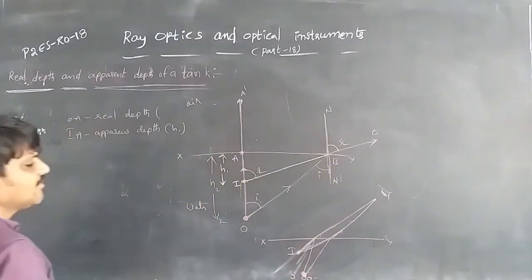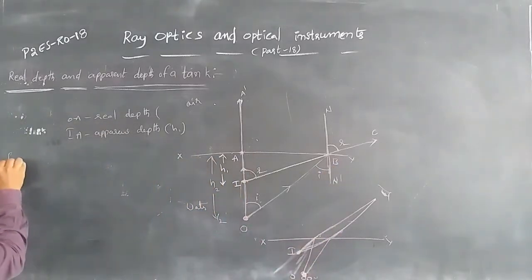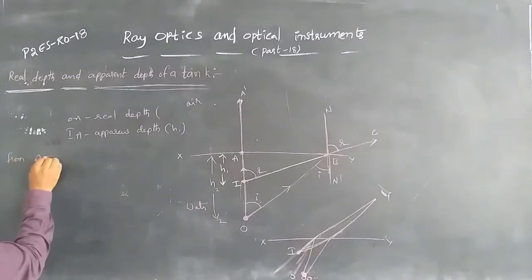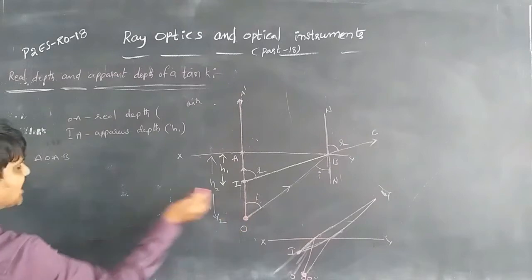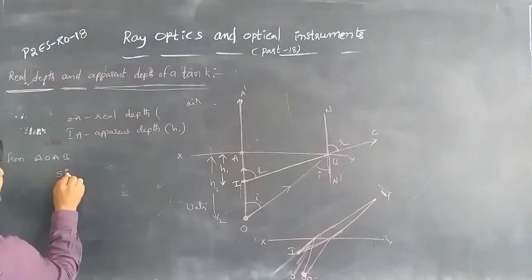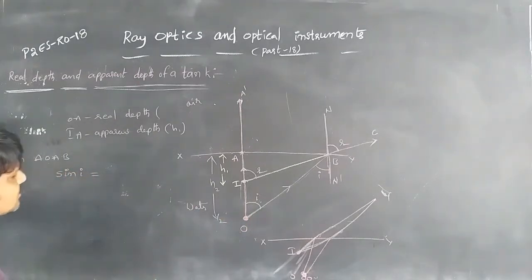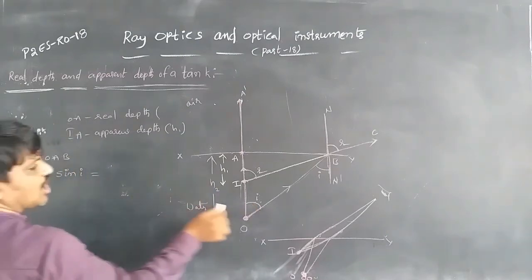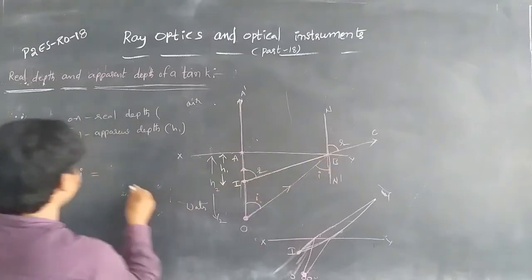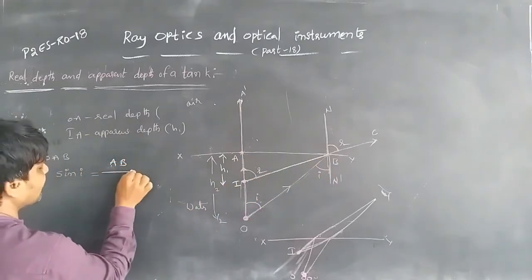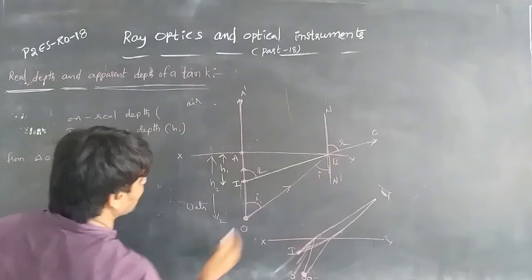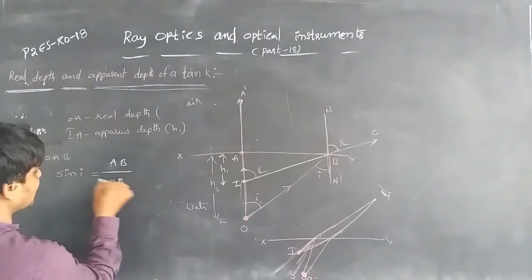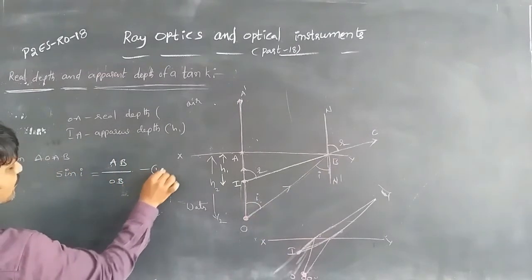From triangle OAB, the incident angle is i, so sin i is equal to opposite by hypotenuse, that is AB by OB. Consider it equation number 1.